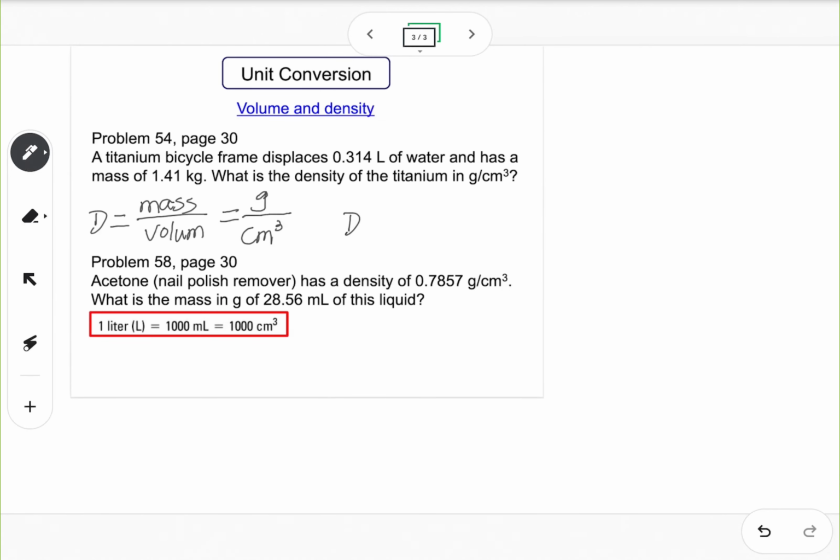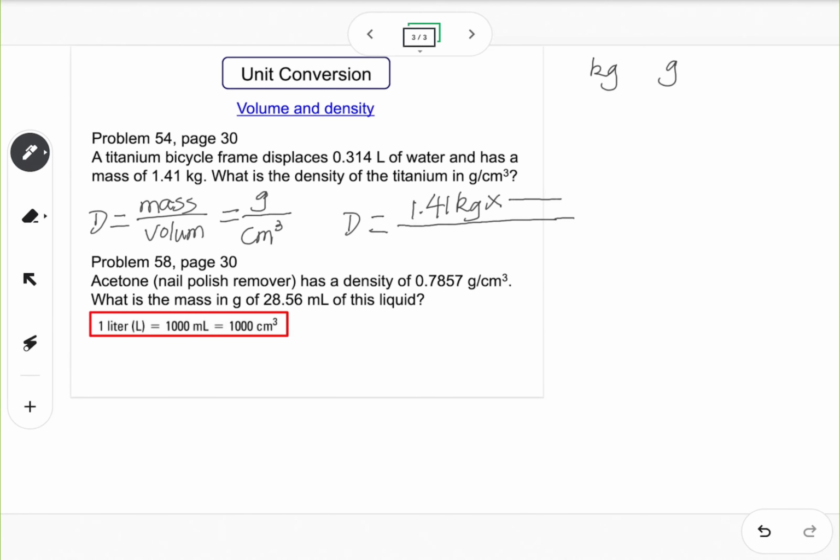So density for this bicycle frame should be, let's do the top part first. We need to convert the kilogram to gram first. 1.41 kilogram times, well, what's the connection between kilogram and gram?